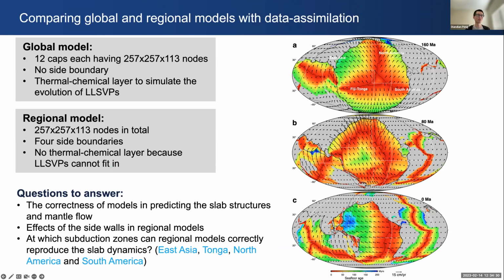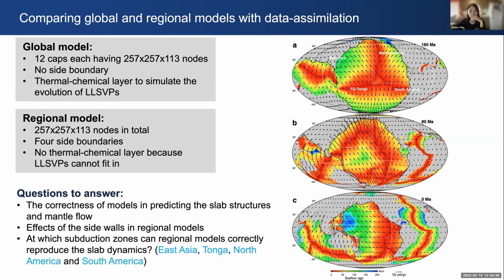Another difference is the global model has a thermochemical layer above the core-mantle boundary to simulate the formation of LLSVPs. But the LLSVPs are hemispheric structures, so in the regional models, I don't include such a layer. Except for this, there's no difference between the global and regional model.